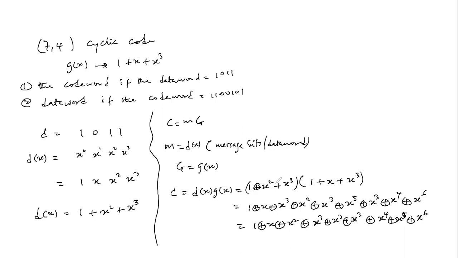So all modulo 2 addition, such that for this, 1 plus 1 is 0, plus 1 is 1. Okay, then we now have 1.